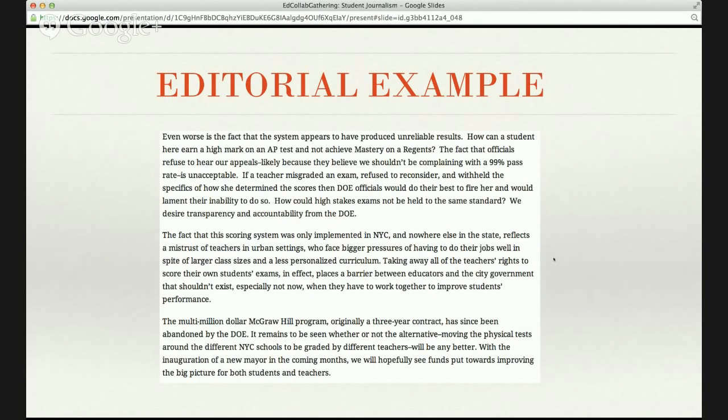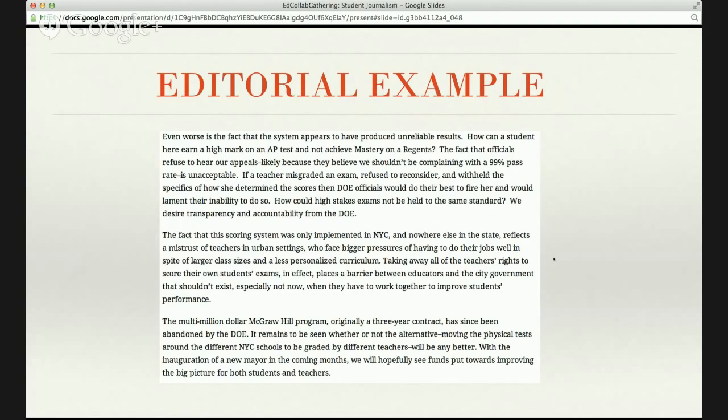This is one of our editorials that I loved. Two years ago, New York City decided that teachers couldn't grade their own Regents exams anymore. So they had to be taken away from the schools, shipped to Connecticut, scanned into computers, emailed to other schools in New York City, and then graded by teachers from schools other than your own.